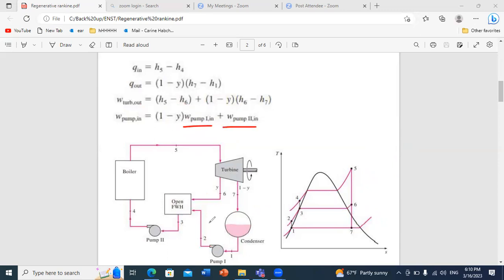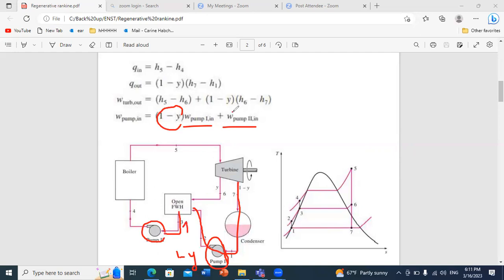If I look at my figure, we know that in this part, the circulating flow rate is 1 minus Y of the total flow rate. So the part undergoing the pumping process in pump 1 is only 1 minus Y. While for pump 2, the whole fraction will be considered, because at the exit of the open feed water heater you have the total flow rate, which is 1, entering pump 2.